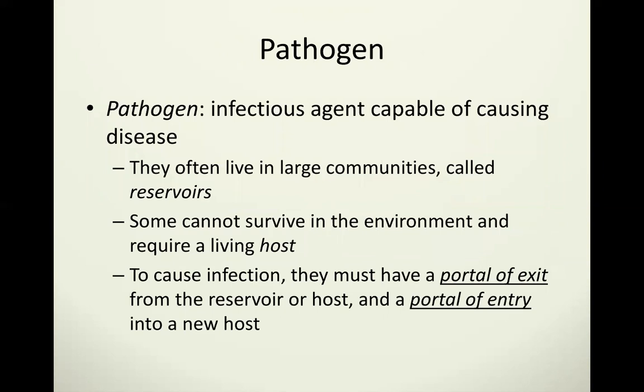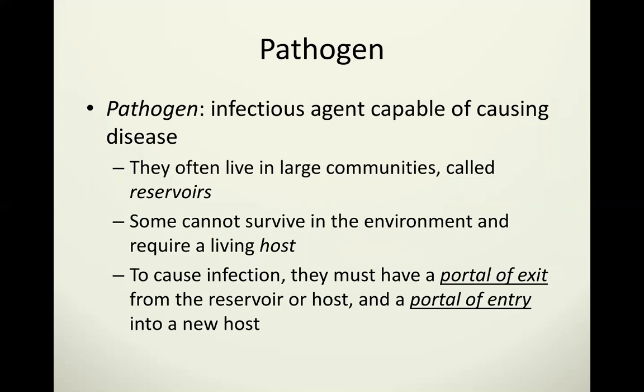If you look at pathogens, you can think path means disease and gen means agent. So they're disease agents. Some cannot survive in these reservoirs, and they have to jump into a host. A host is a living organism where that pathogen can survive.